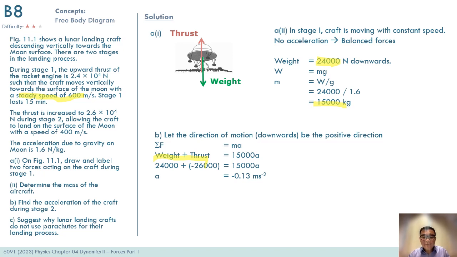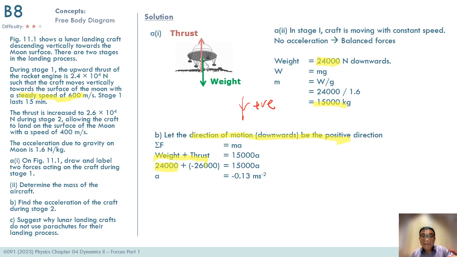And even before we do all this, it's very important for us to define what is the positive direction. So I have decided to let downwards be the positive direction for all my vectors in this question. So my weight will therefore be a downwards value over here, 24,000 Newton.